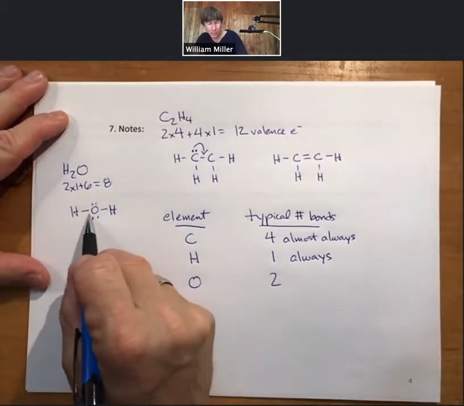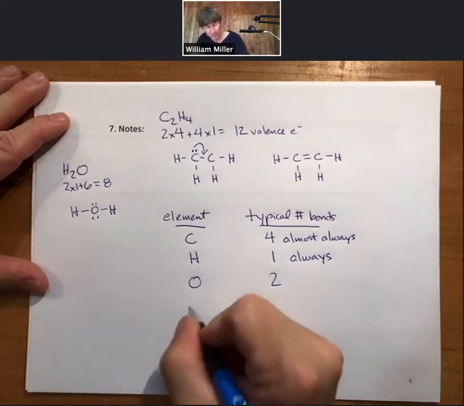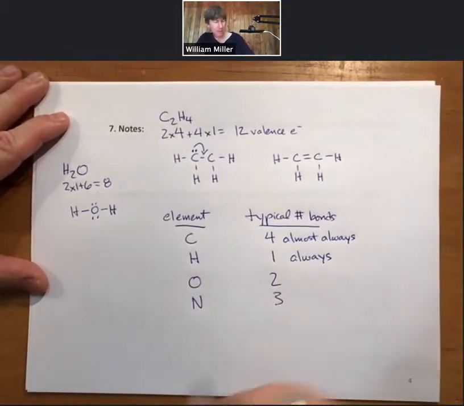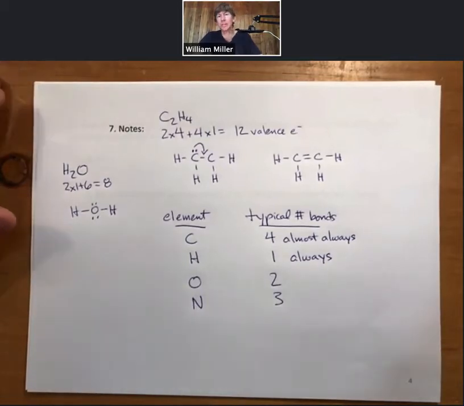We can see that in water, oxygen has 2 bonds, and 2 what we'll call lone pairs, or non-bonding pairs of electrons. Nitrogen typically will have 3, and so 2 and 3, those are typical numbers.